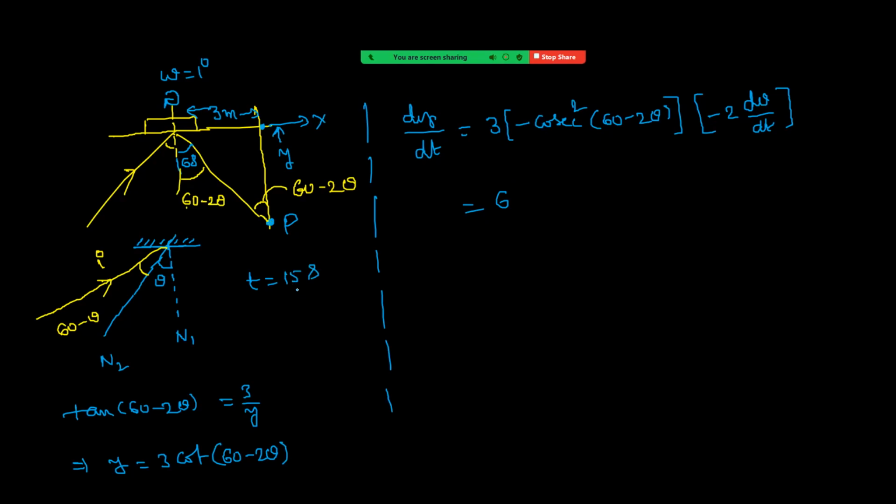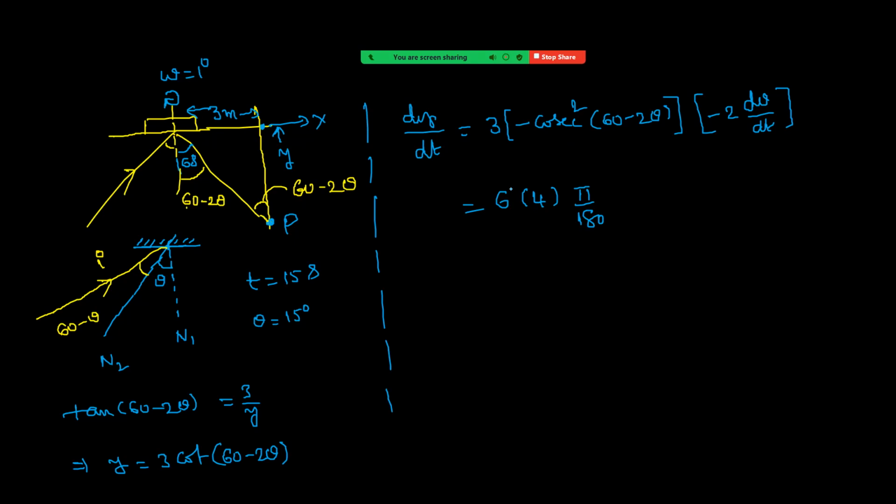In 15 seconds, theta becomes 15 degrees. Then 2 theta is now 30. 60 minus 30 is 30. Cosecant square 30 is 4, right? Into d theta by dt, which is given as 1 degree per second. Converting that into radians, 1 degree equals pi by 180 radian.